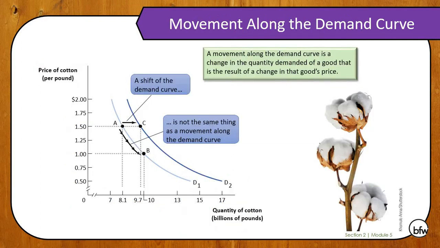Now, a movement along the curve is basically going to be caused by a change in price. I'm just going to write that down here so it's known. Movement is caused by a change in price.